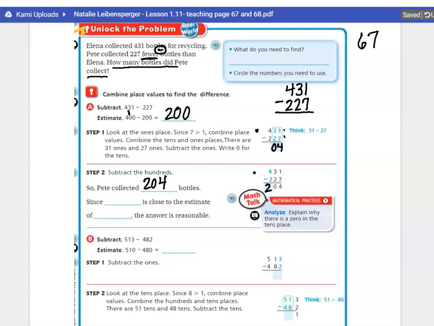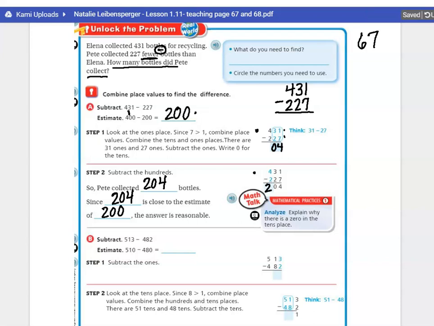And I know that it's very similar to the estimate of 200. So I know that my answer is most likely correct, because since 204 is close to the estimate of 200, I know my answer is reasonable.